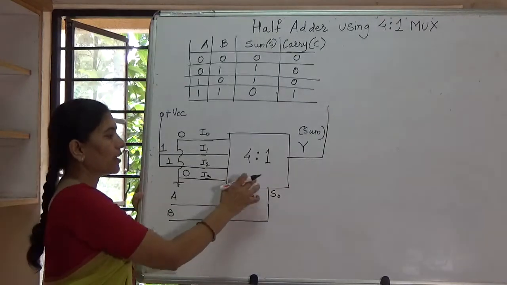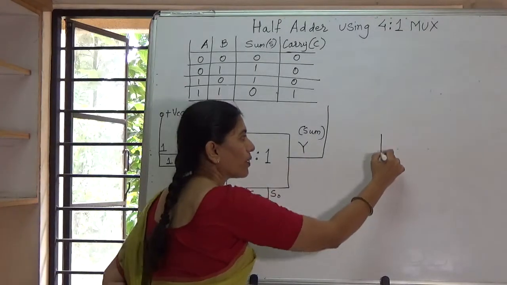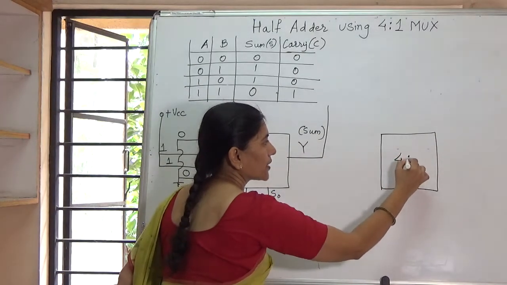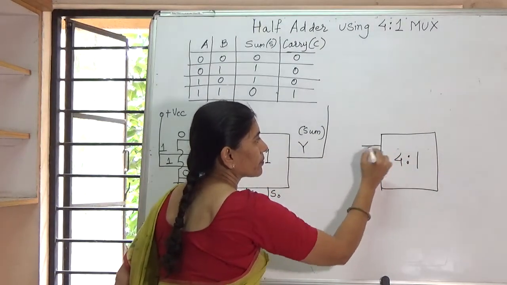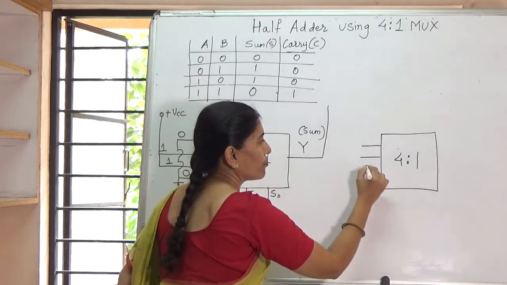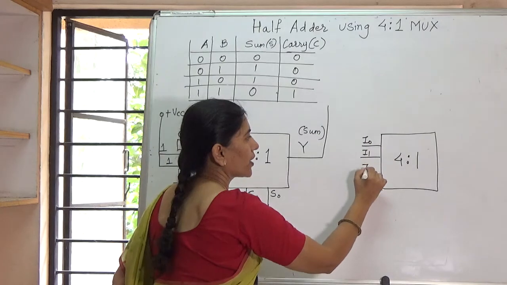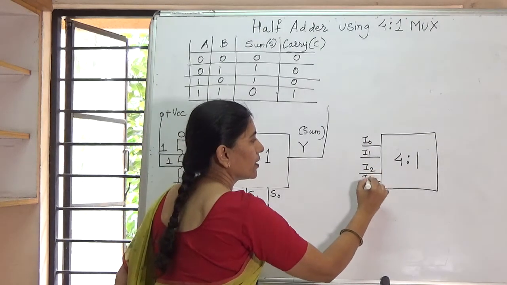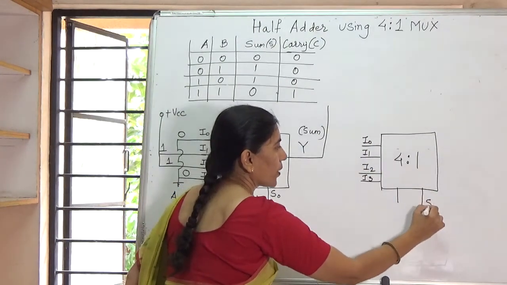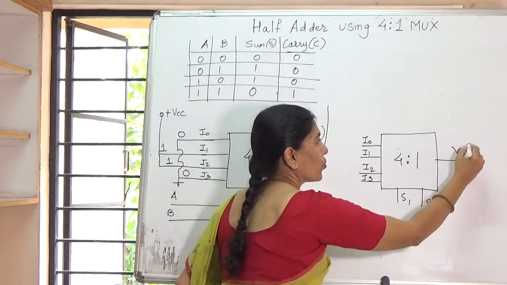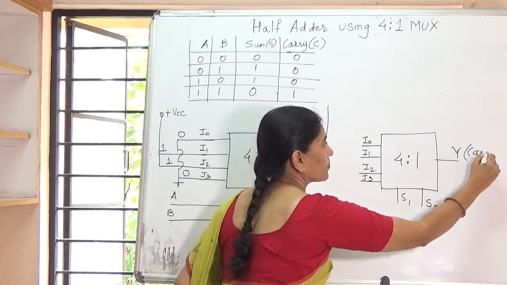In a similar manner, we will take another 4:1 multiplexer for generating the carry. It has 4 inputs, I0, I1, I2, I3, 2 select lines S0 and S1, and this output Y is going to generate the carry.